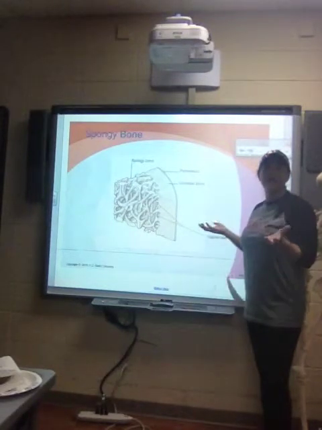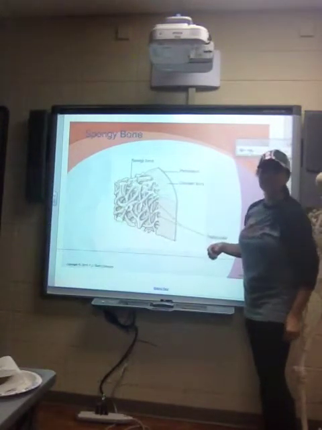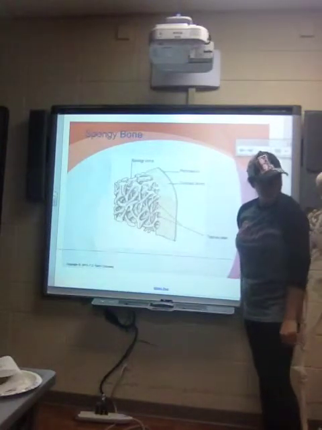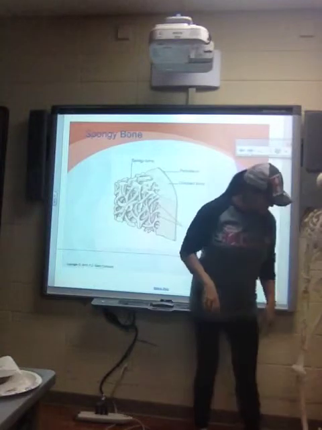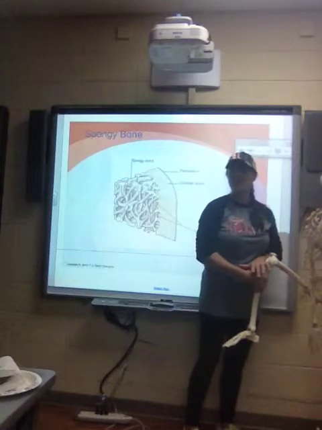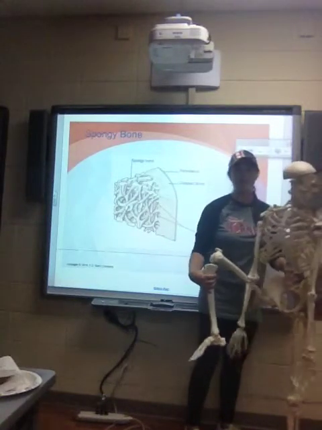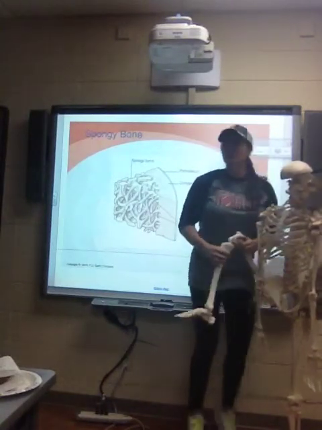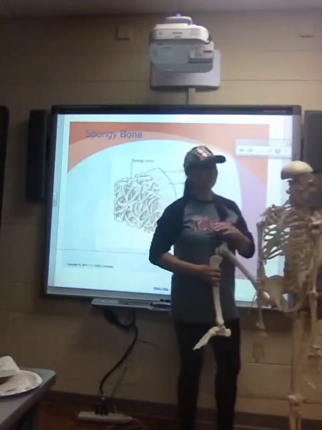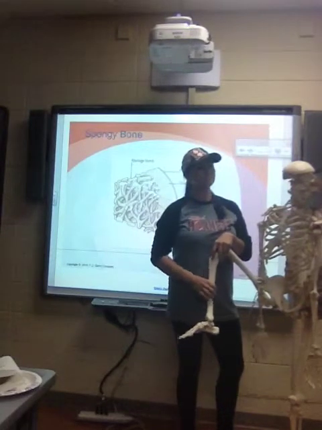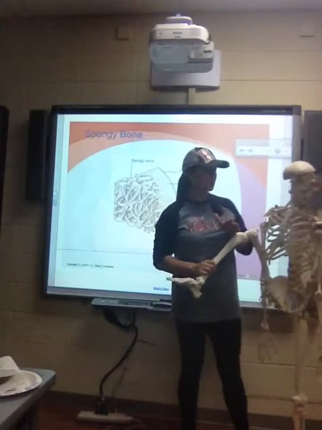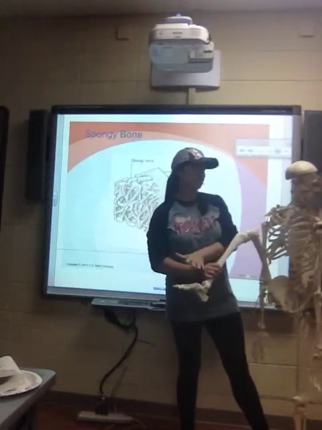So why would we find this type of bone at the ends of our long bones? Because you're putting pressure on them. When I'm jumping, it's these ends that are absorbing all that pressure, not really the diaphysis. The diaphysis is only really used if you're laying down on it, or doing push-ups. But this will absorb most of the weight, and then it will be distributed throughout.